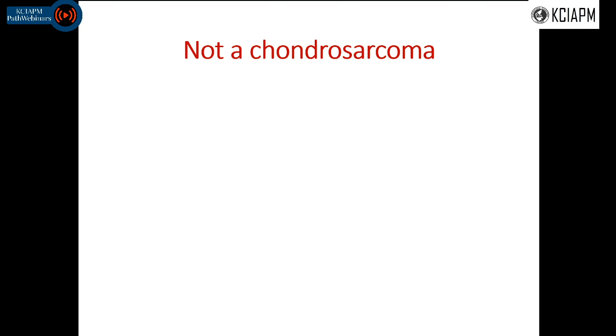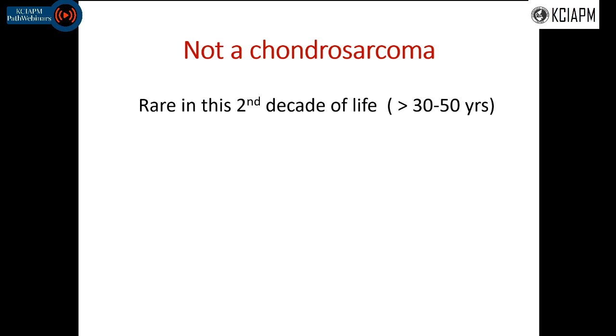But one thing to say, by the dictum that is always taught to us, this case is not a chondrosarcoma, because chondrosarcomas are the sarcomas which affect the older age group, number one.